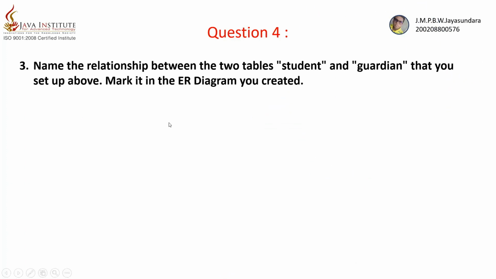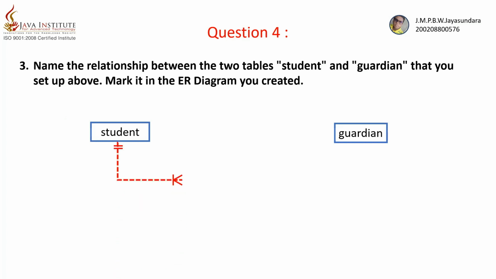Name the relationship between the two tables, student and guardian, that you set up above. Mark it in the ER diagram you created. We have our two tables as student and guardian. When we think about it, one student can have multiple guardians and one guardian can have multiple students. So between the two tables there is a many to many relationship.